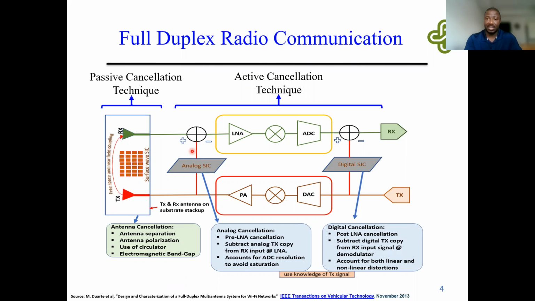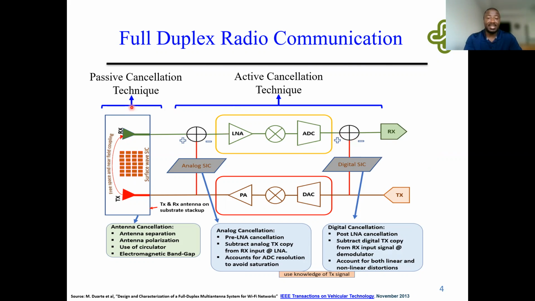From the right side, we see an active full duplex cancellation technique, which comprises both analog and digital self-interference cancellation techniques. And these cancellation techniques happen between the LNA input and ADC outputs of the transceiver channel.